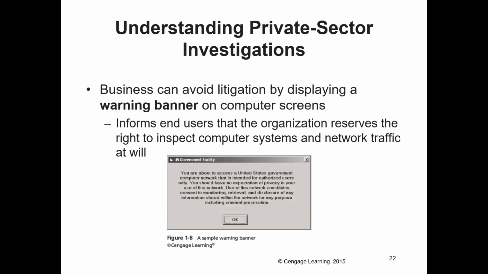What about warning banners? Do you have them? You want to inform the people in all forms of ways, whether it is putting them on their desktops, having them as screensavers, putting them at the bottom of their emails, putting details on the computers.